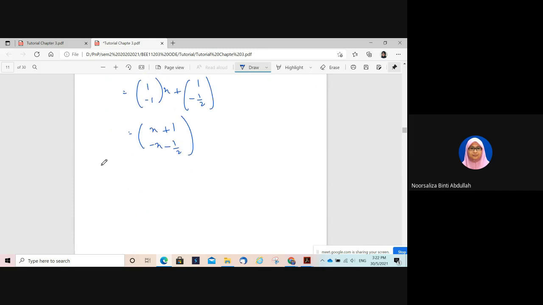And the general solution, YC, equals to C1 eigenvector 1 exponent lambda 1 x plus C2.